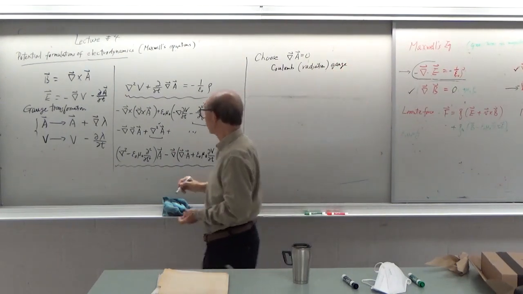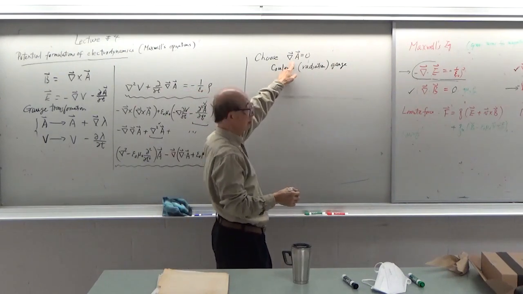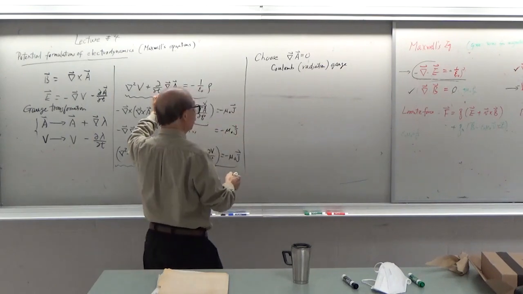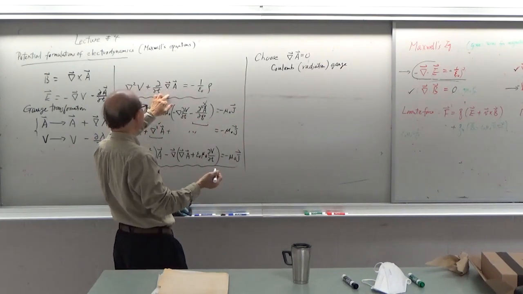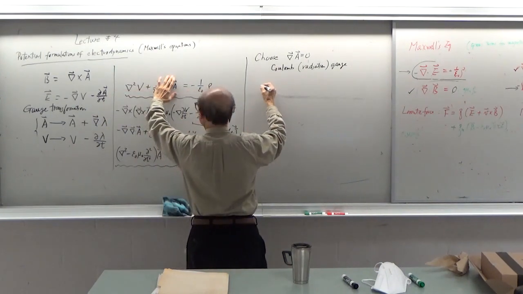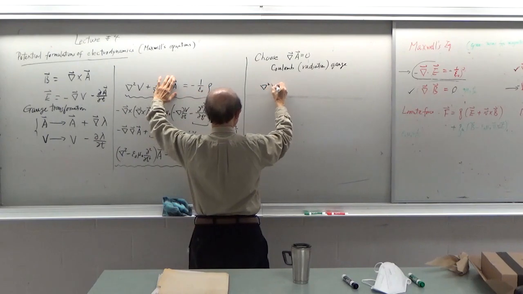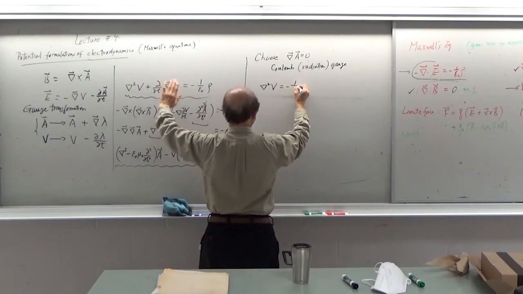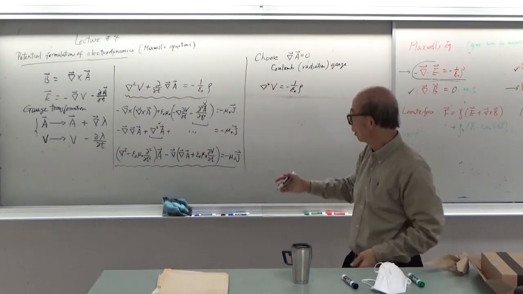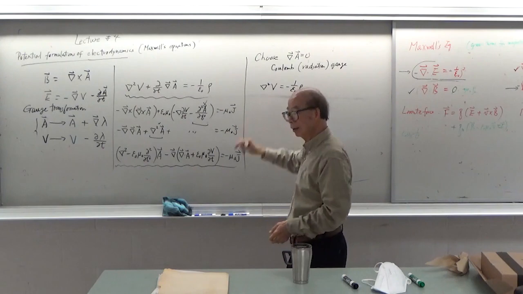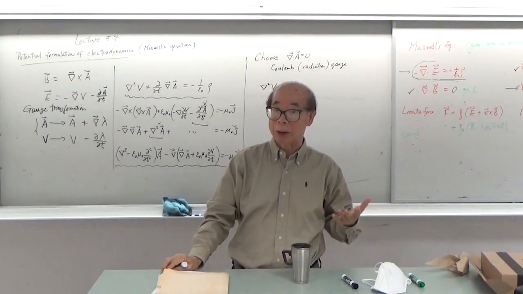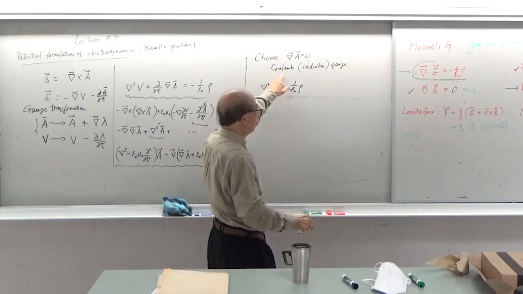Okay, let's see. This is a gauge we have been using, as I said. In that case, the first equation is very simple. This complicated term is not there. So that gives me the Laplacian of V is equal to minus 1 over epsilon naught rho. But this is the equation for V that we encounter in electrostatics, and the solution is well known. It's just the Coulomb solution, hence the name Coulomb gauge.